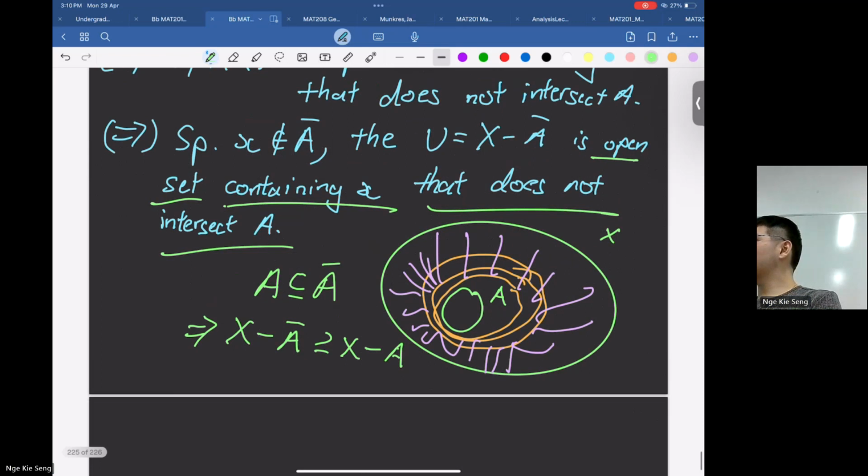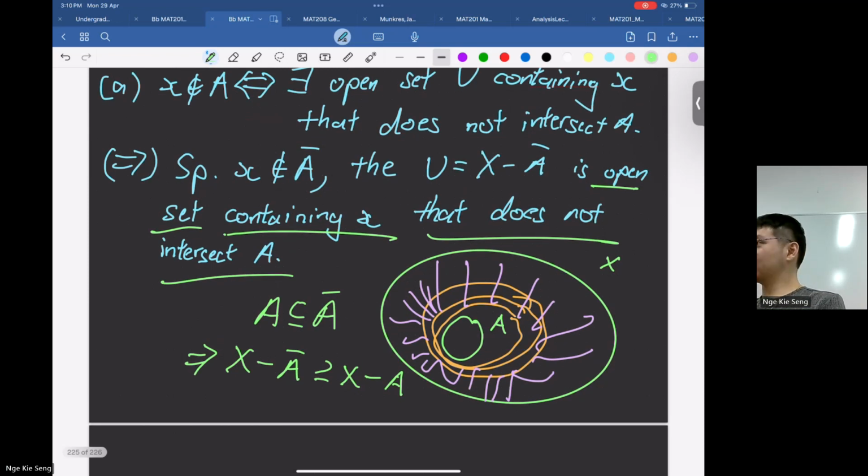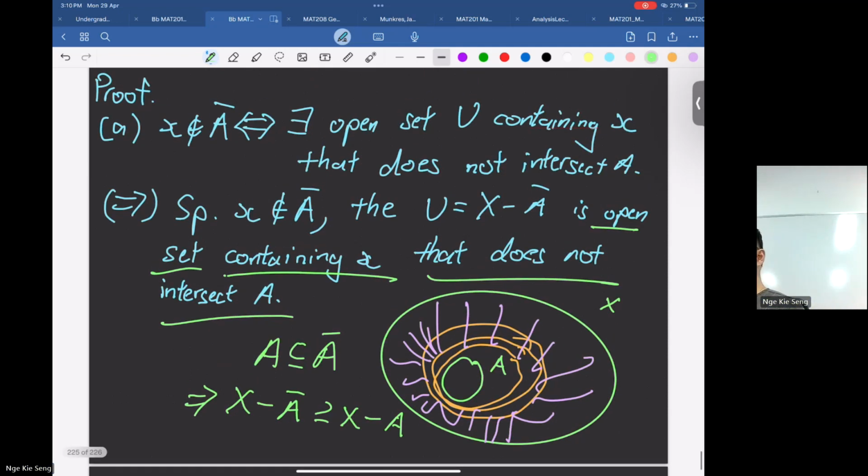If A is open, A bar is closed, and then?